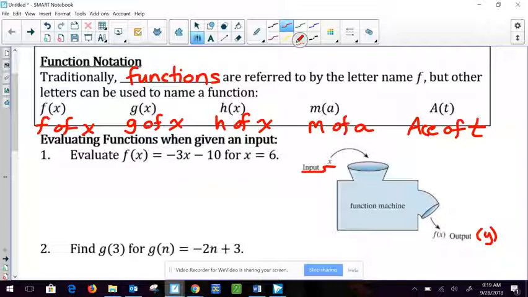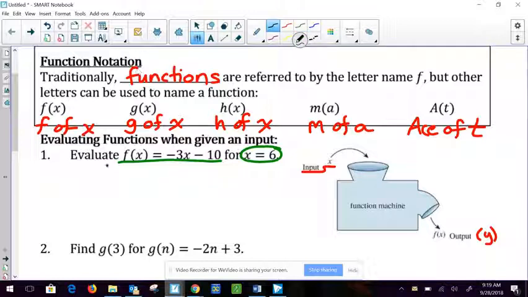If we look at example number 1, it says evaluate f of x is equal to negative 3x minus 10 for x is equal to 6. It's telling us that x is equal to 6, which means that any place I see x in my equation, I want to put a 6 in its place.